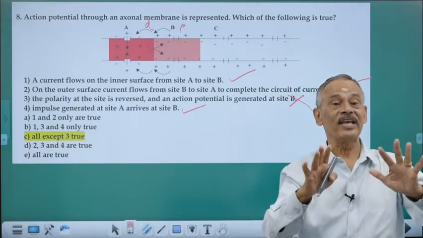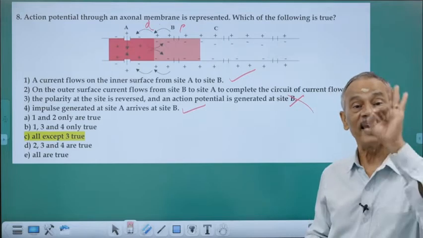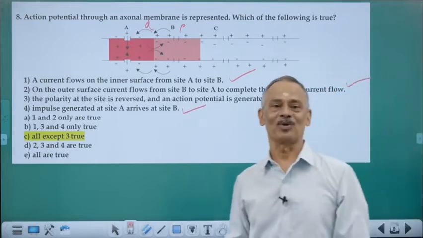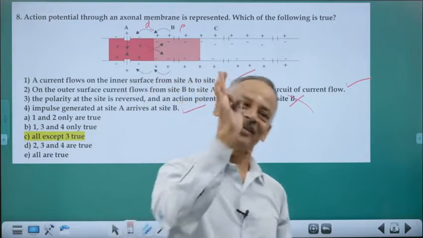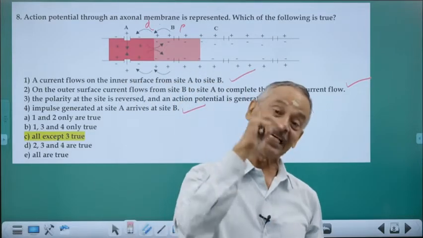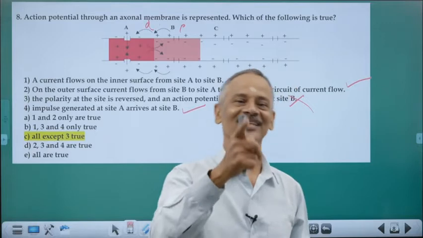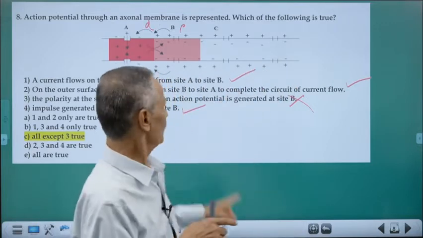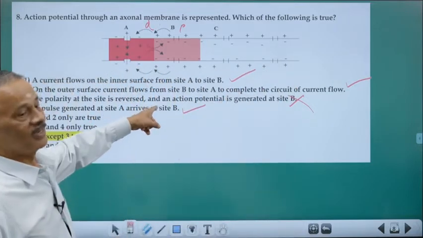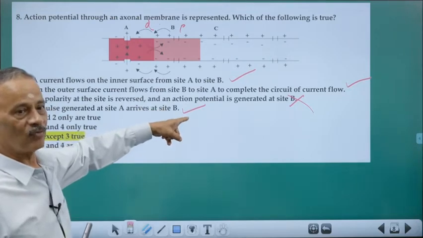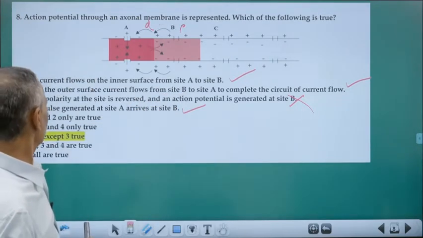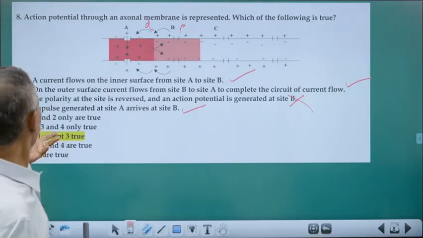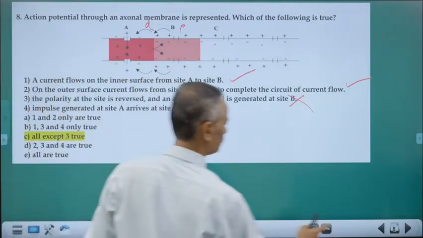That wave is created only when a neuron is excited, activated by a stimulus. A neuron cannot produce a signal on its own. Only when it is activated will it be produced. This excitatory electrical wave passing along the wall of an activated neuron is called an impulse. So all of them are correct except the third one.